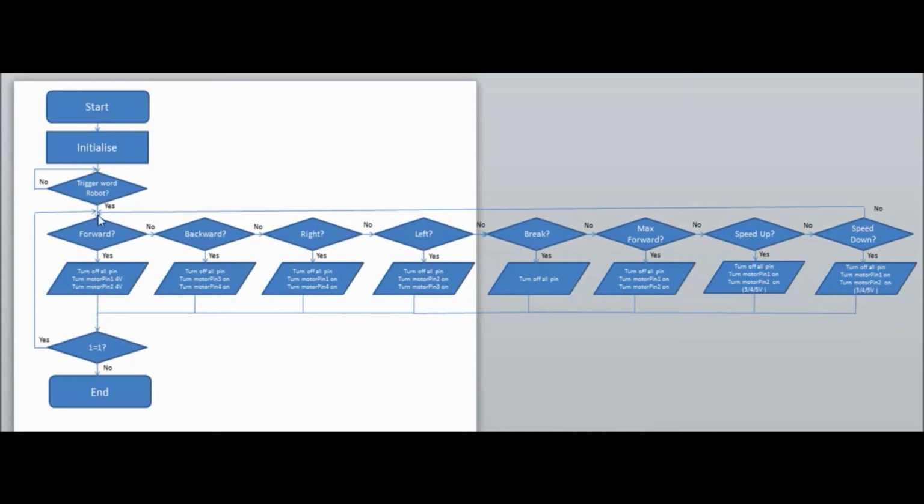For example, for forward, all ports are turned off. Only the forward motion left and right outputs are turned on to allow the robot to go forward. A decision block is used to represent an infinite loop, a loop that will run continuously.